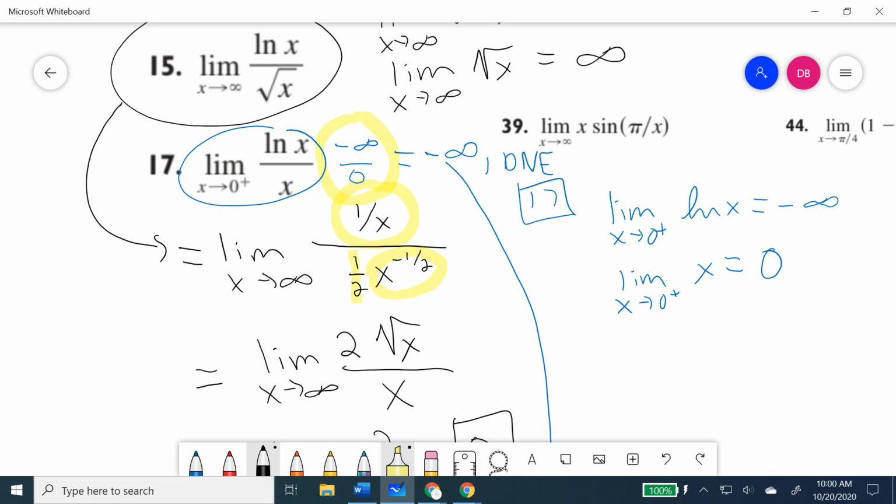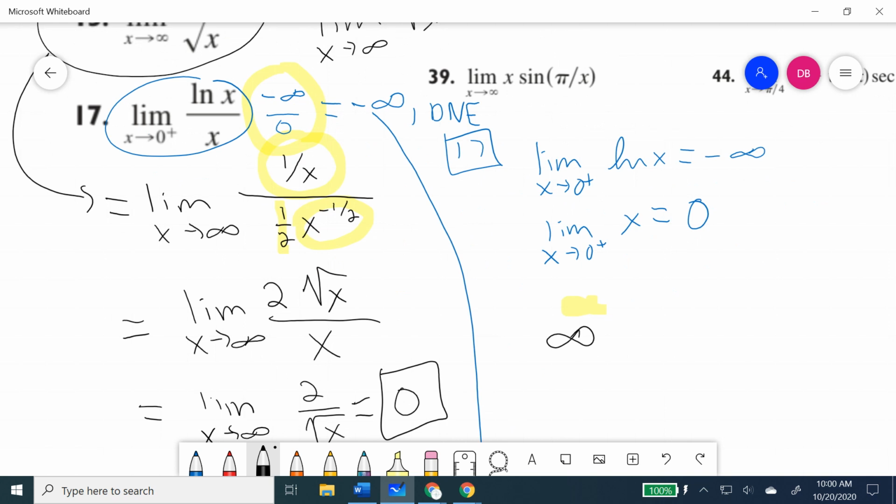So what you want to think about is, let's say I had infinity over 1 as a result of a limit. Do you first of all see that that's going to be heading to infinity? And even if I put negative, that's looking at what happens when the numerator is infinity.